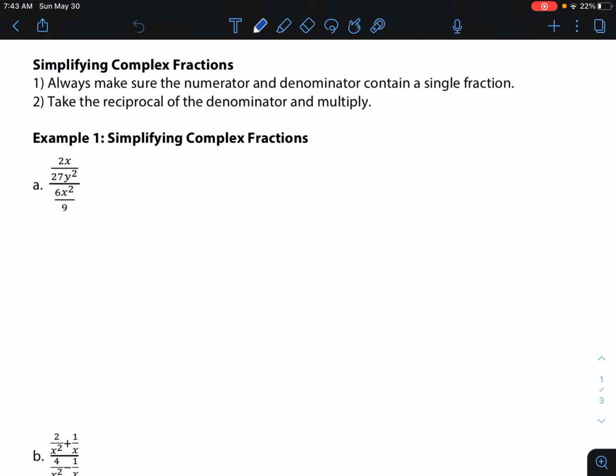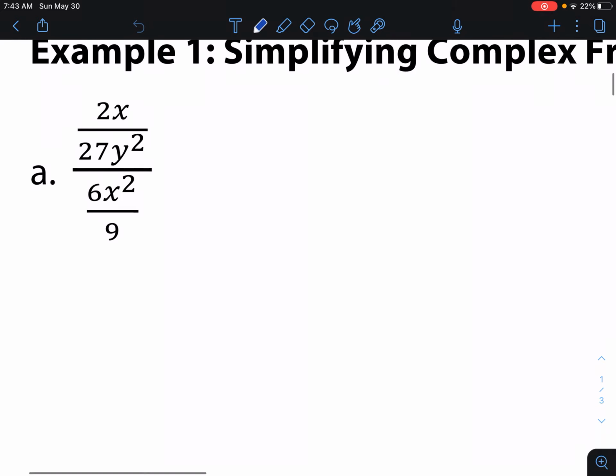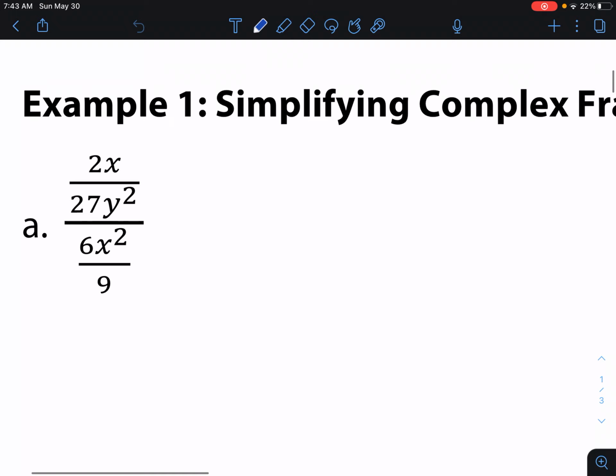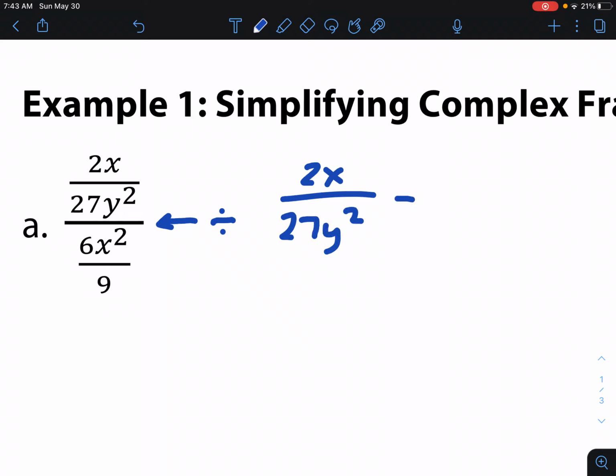All right, so the first one, since it's already one fraction, all we have to do is remember that this little bar here means division. And because it means division, we could rewrite this problem as 2x over 27y squared divided by 6x squared over 9.